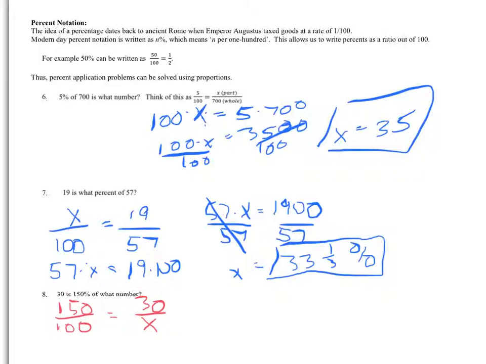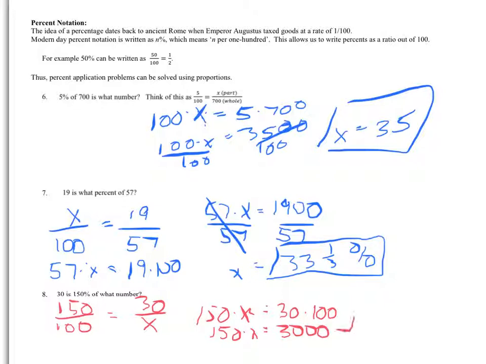We take our cross products, as we've been doing, and multiply 150 times x is equal to 30 times 100. On the right-hand side, 30 times 100 is 3,000.